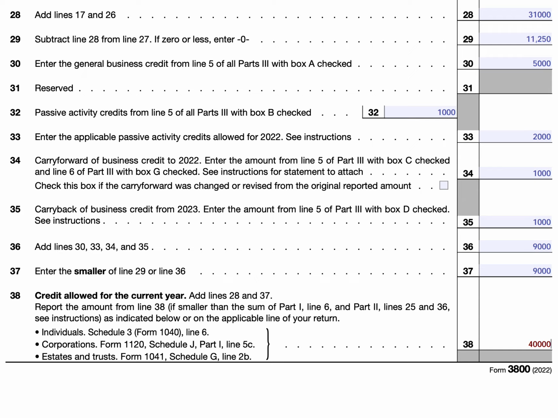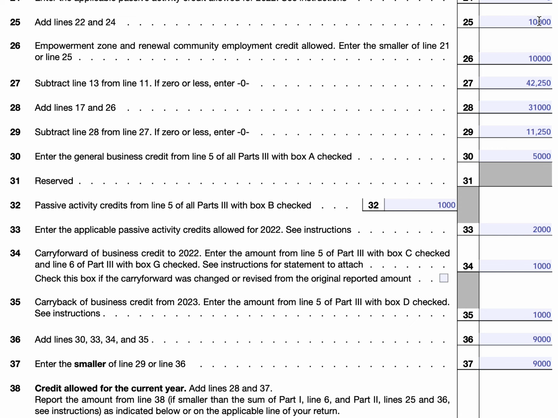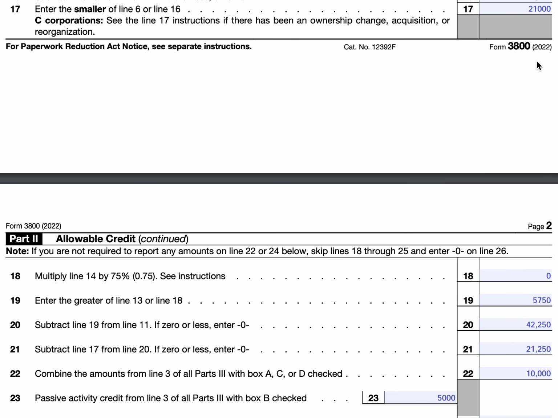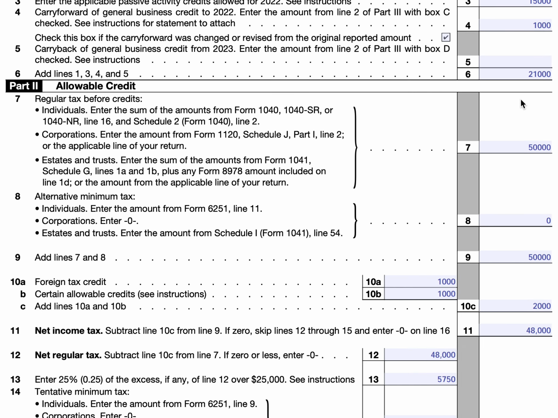So you'll report this number from line 38 if it's smaller than the sum of line 36, line 25, which is 19,000, and then line 6 being 21,000.